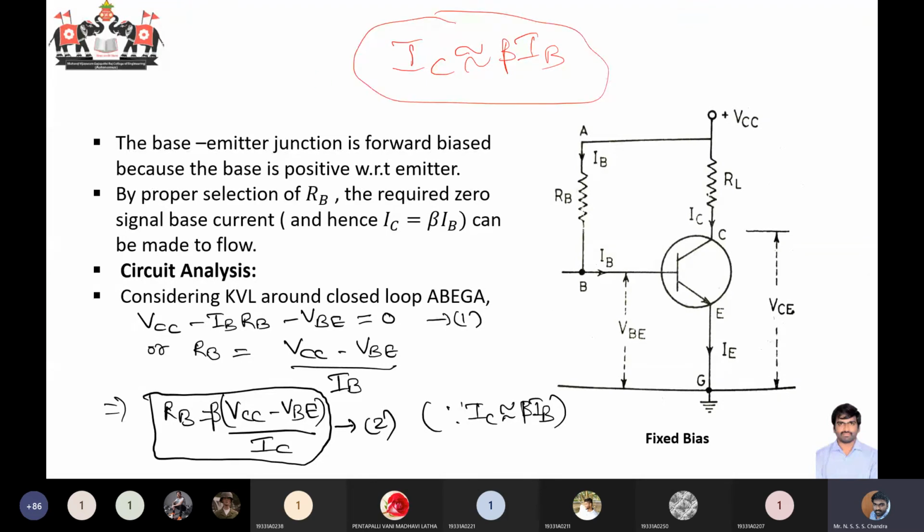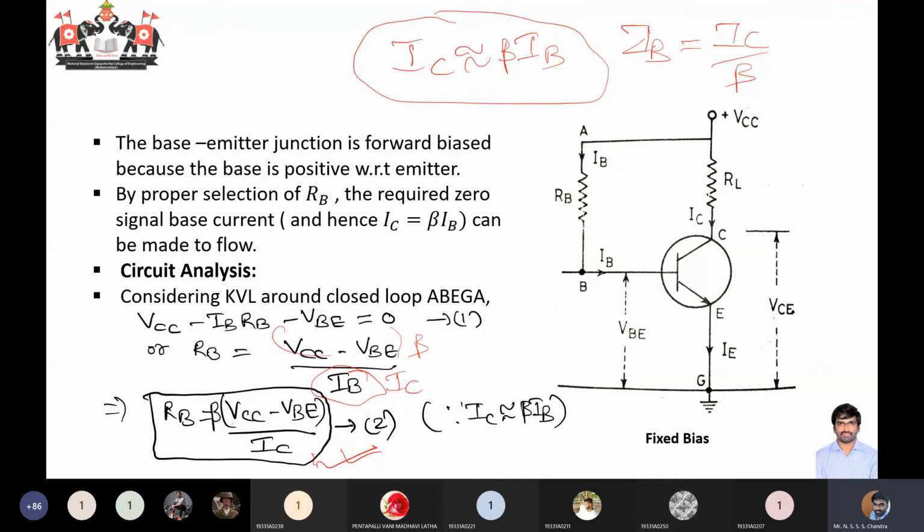So instead of writing IB, you will write IC by beta, and beta will come in the numerator. So RB will be equal to beta into VCC minus VBE by IC. If you take an RB value equal to that, then you can have this fixed bias circuit.